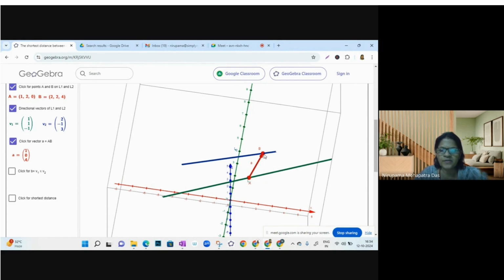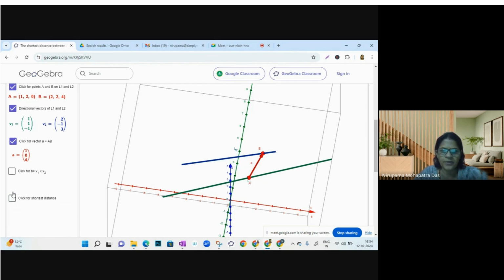This is not the shortest distance; it is just the distance between these two points. The shortest distance looks like this: the line which is perpendicular to both L1 and L2.